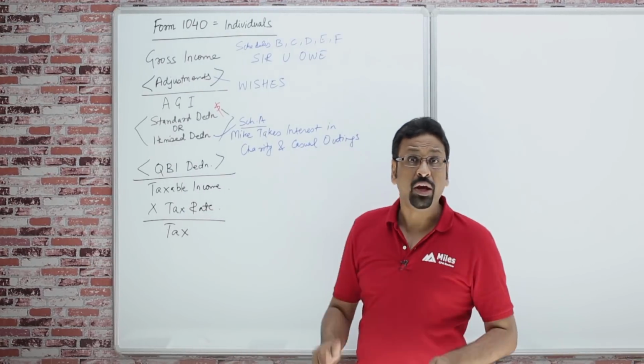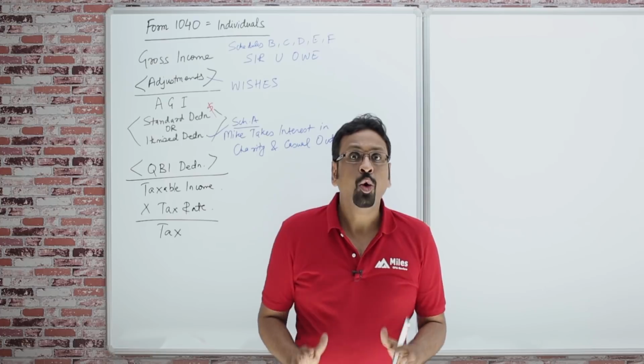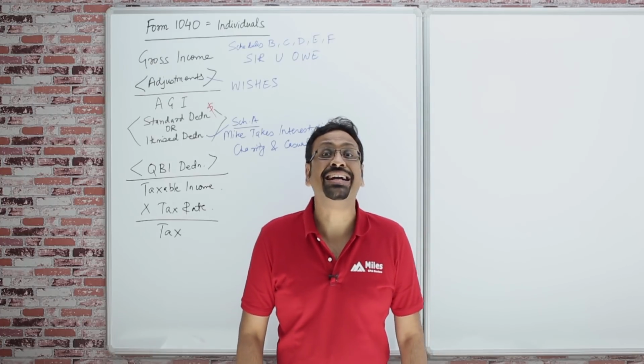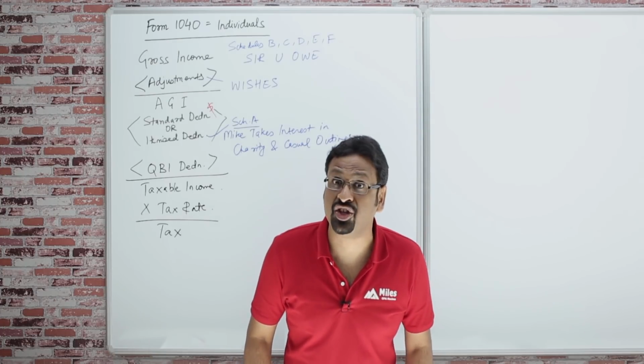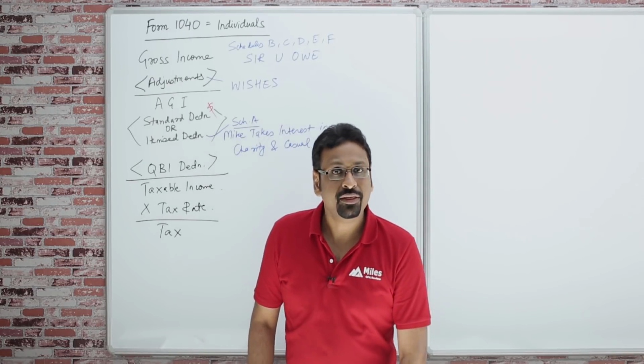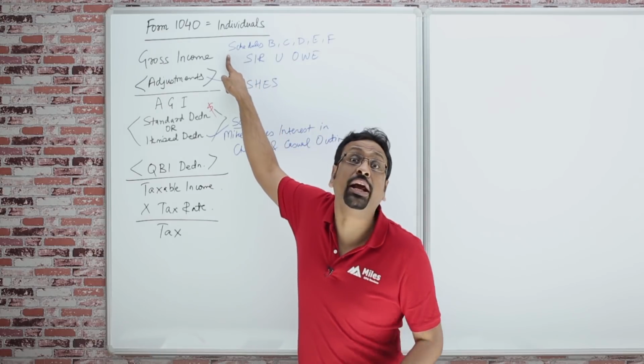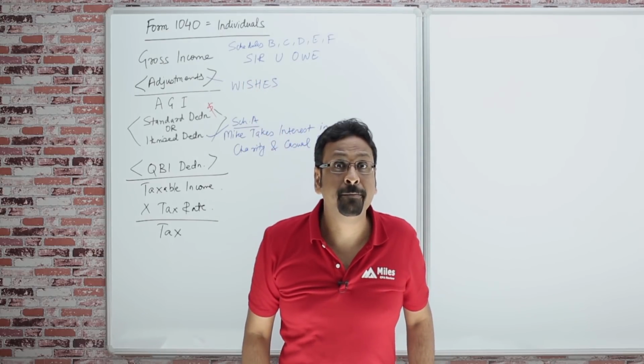Now, what we often see is some wealthy taxpayers who go for very smart tax avoidance strategies to reduce their taxes. Let's say they have a lot of tax exempt income which is not included in their gross income.